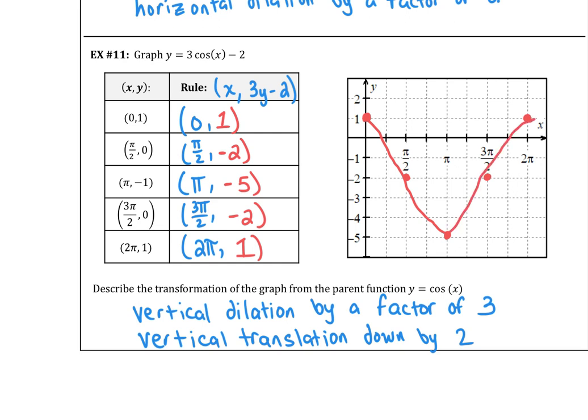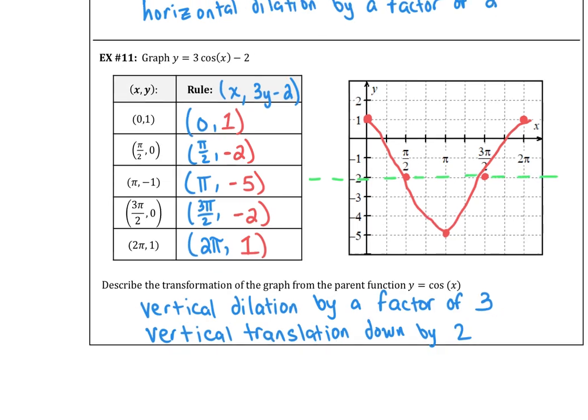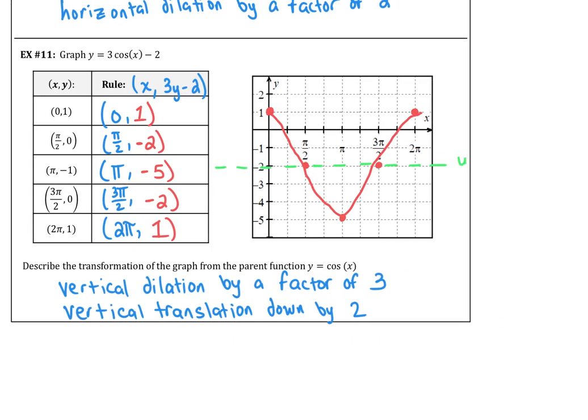Okay, now I want to point out that because our graph moved down 2 units, we now have a different midline here. We have an amplitude of 3, which means our midline is going to be where I'm drawing it in green, at y equals negative 2. Y equals negative 2 is our midline there.